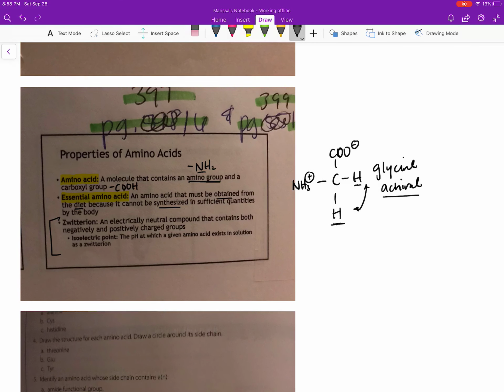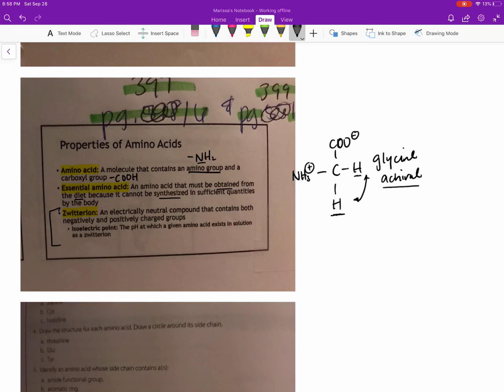So, a zwitterion. When we're talking about amino acids, it's common to talk about zwitterions, and this is something that is electrically neutral overall, but it contains a negatively and a positively charged group. So looking at glycine right here, we have the positively charged amino and the negatively charged carboxylic group, but overall the positive and the negative charge will cancel each other out, just like a proton and an electron cancel each other out to give us a total of 0.